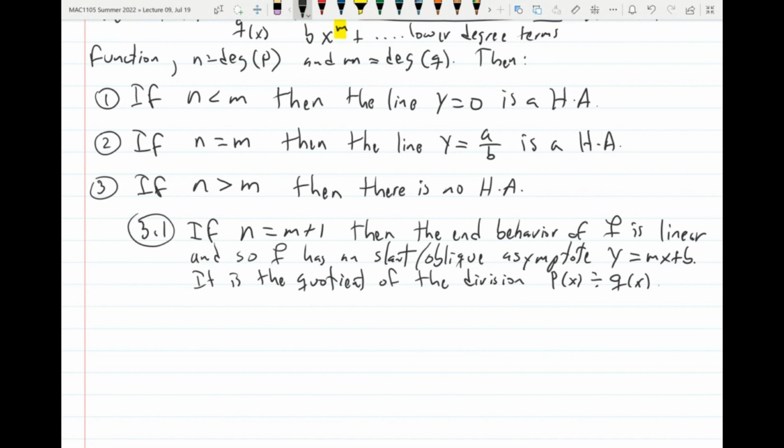When you do this division, the quotient is the equation of your slant asymptote. This only holds if the degree of the top is 1 more than the bottom.